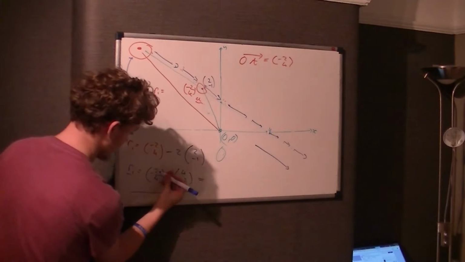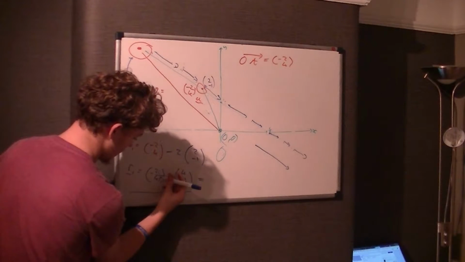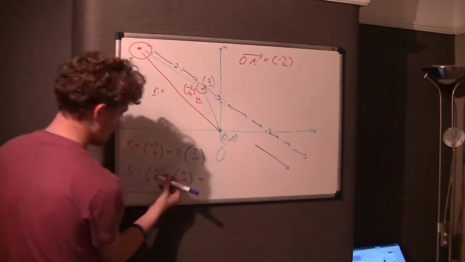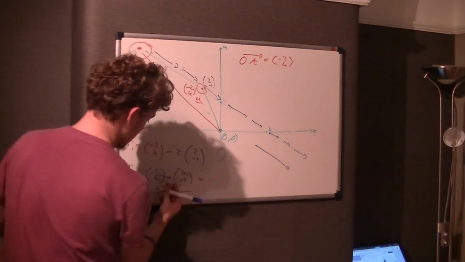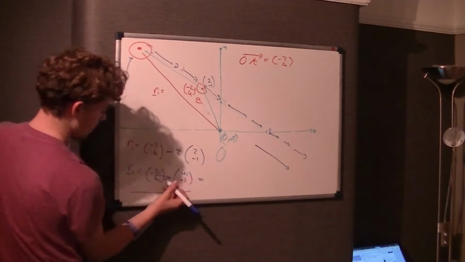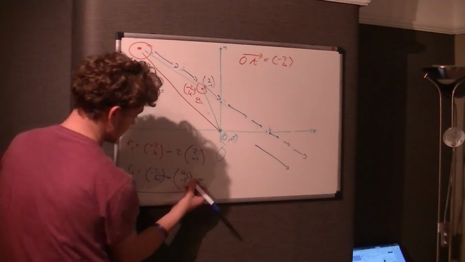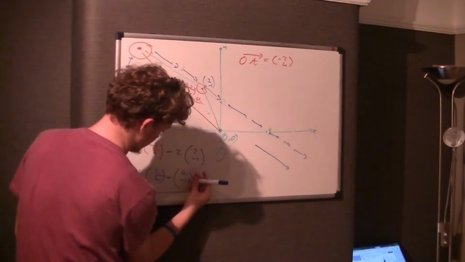So this would be minus 2i plus 4j, and then minus 4i plus 2j.